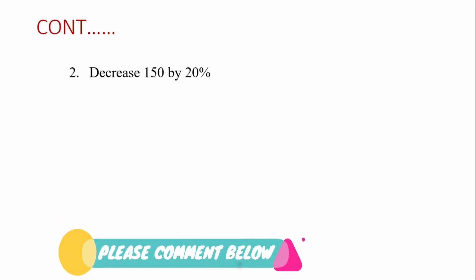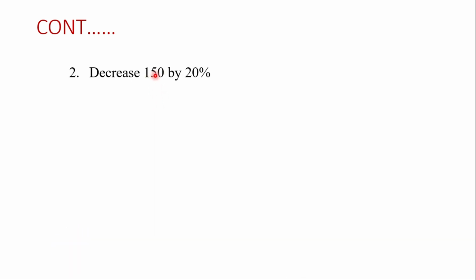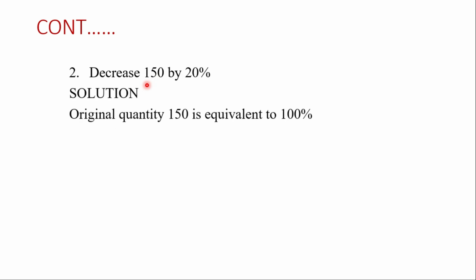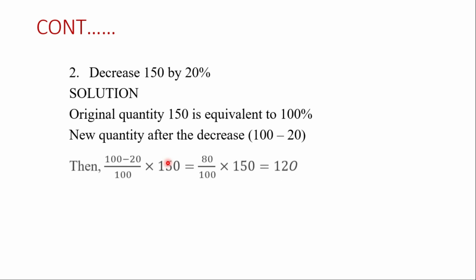Alright, so we want to look at the percentage decrease. We have an example. Decrease 150 by 20%. Here there's a decrease, and the original quantity percentage for 150 is 100, and so this 100 is also decreased by 20%. So I subtract 20% from 100, and you're going to get 80.